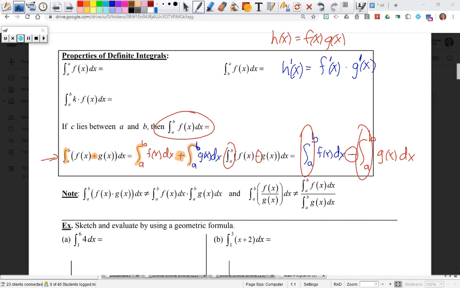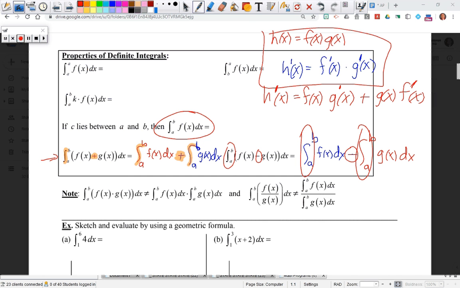I should have done the first times the derivative of the second plus the second times the derivative of the first. This is called product rule. These are not the same.